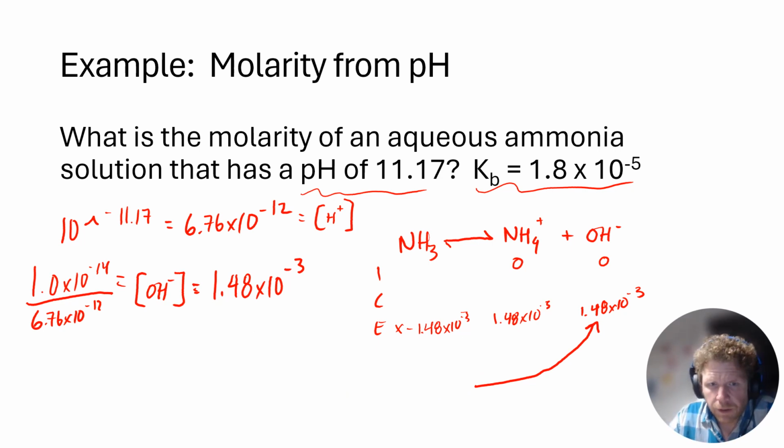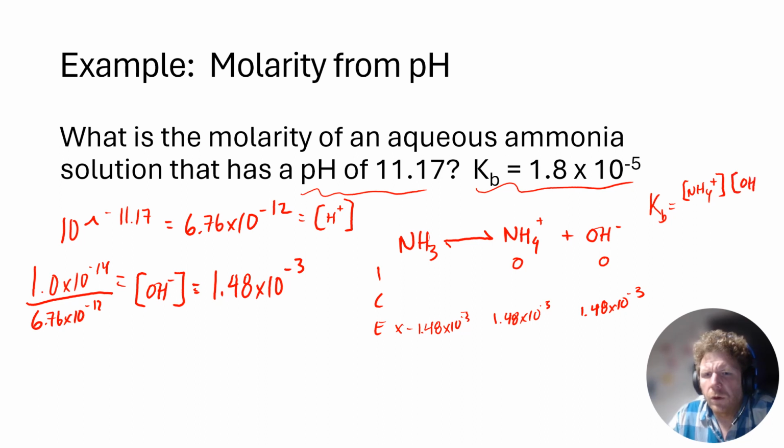So now what I can do is erase all this, and I'm going to write the Kb expression over here. Kb is equal to NH4 plus times OH minus divided by the concentration of NH3. Now that concentration of NH3 is what I'm really trying to figure out, but I don't know it. However, I know what goes here and I know what goes here.